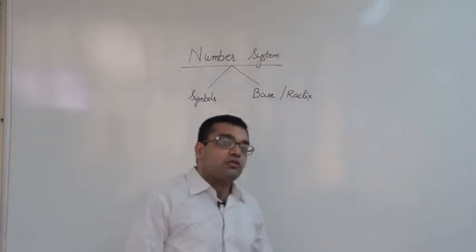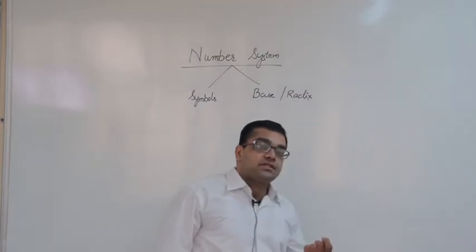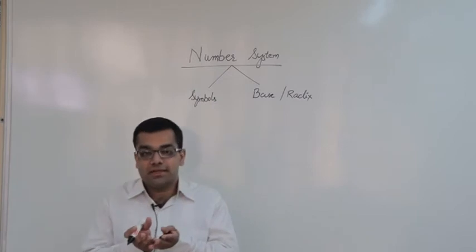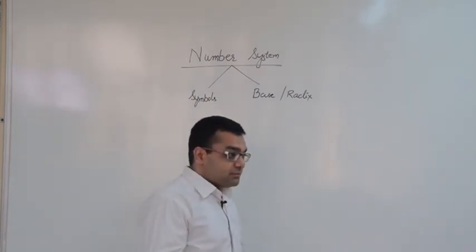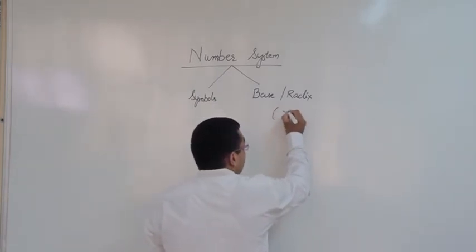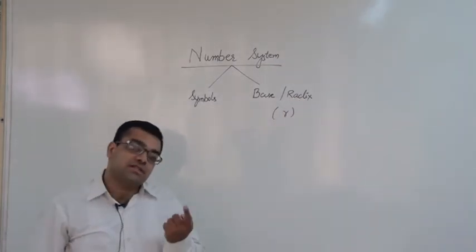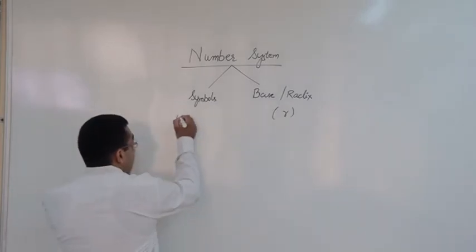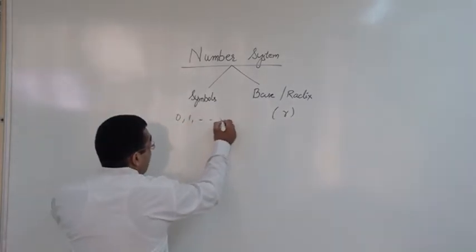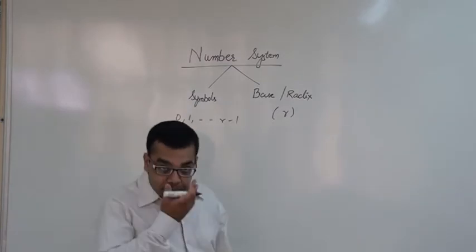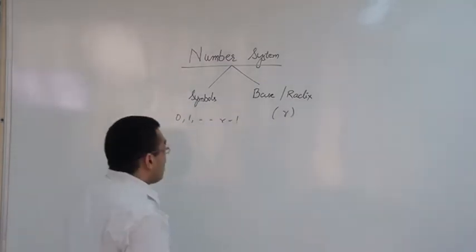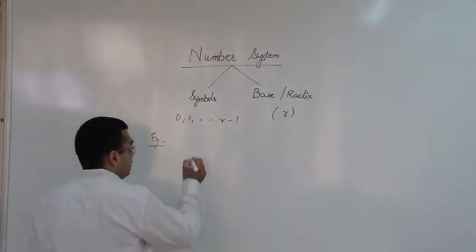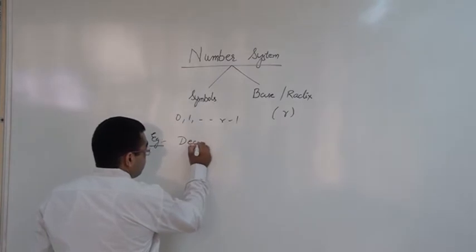Now, what is a base or what is a radix? In any number system, the radix carries a very important place. If we denote the radix by R, then its importance is that all the symbols will be from 0 to R minus 1. For example, our basic number system that we use every day is the decimal number system.